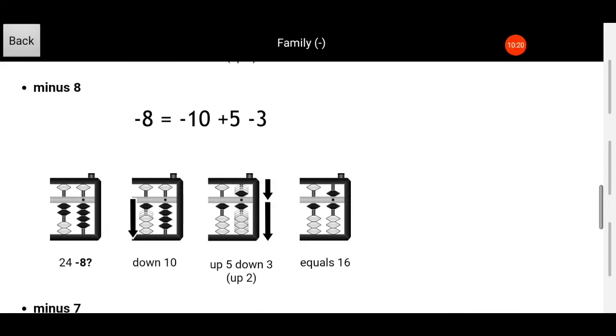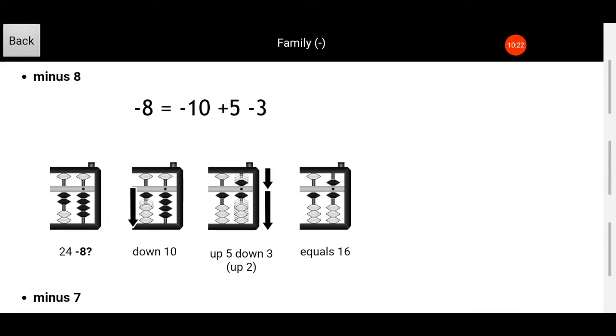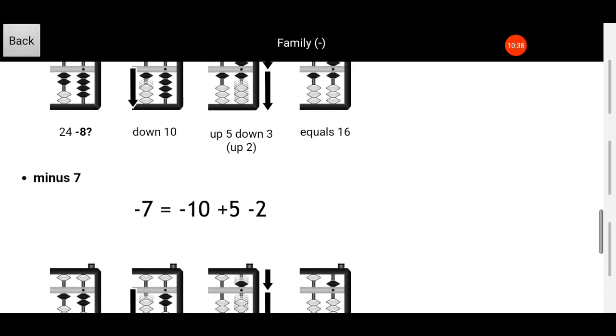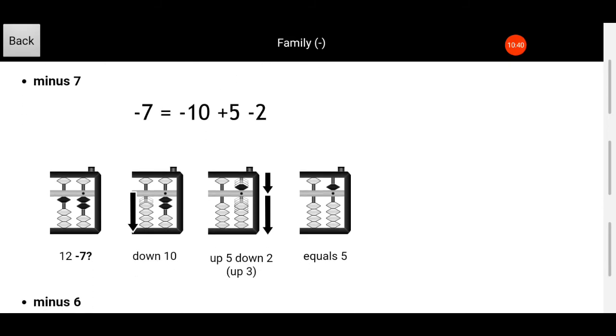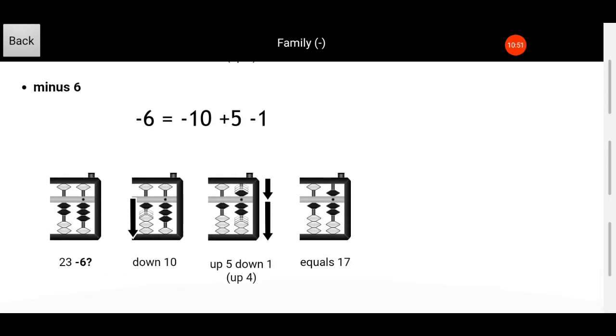Then next is minus 8, which is equal to minus 10 plus 5 minus 3. 24 minus 8. For example, down 10, up 5, down 3, up 2 is equal to 16. The last is 12 minus 7: down 10, up 5, down 2, up 3, 5.